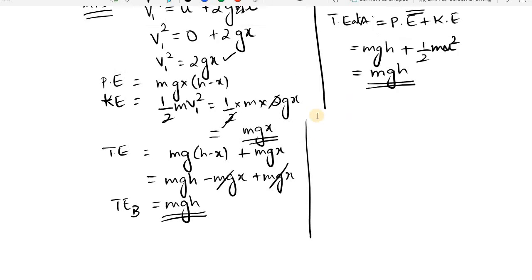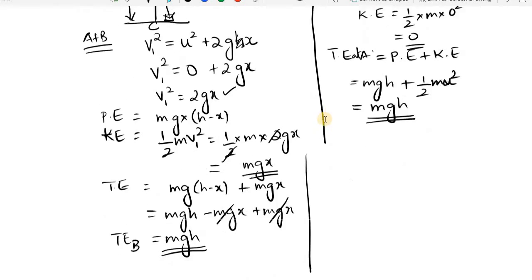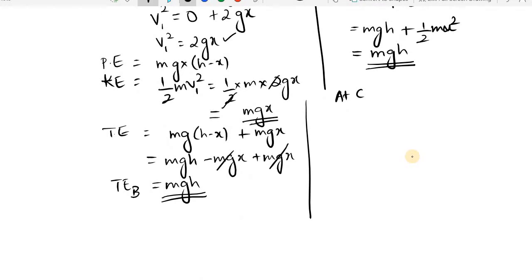Now let us consider a point C just before it hits the ground. It's almost there. It's not hit the ground, it's just there. So at this point, what would be the velocity of the body? The initial velocity was 0.